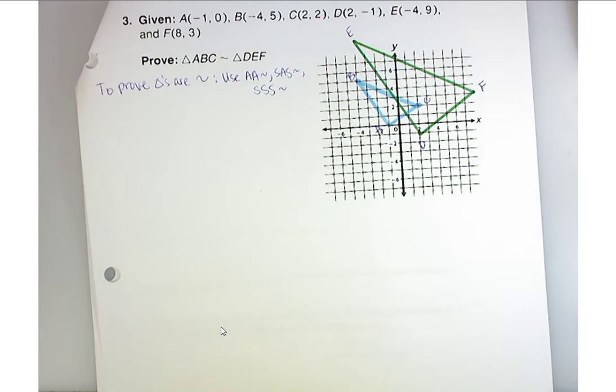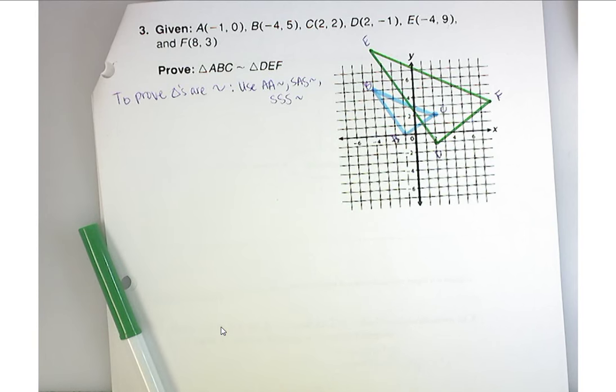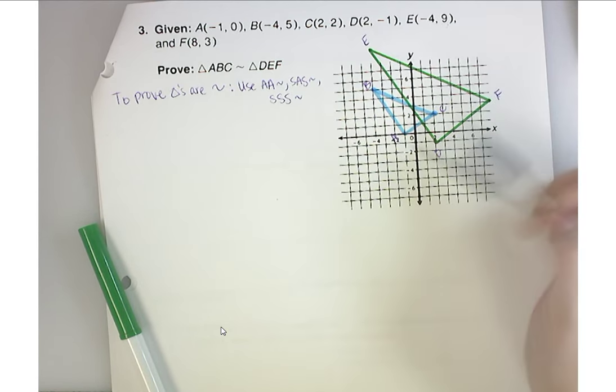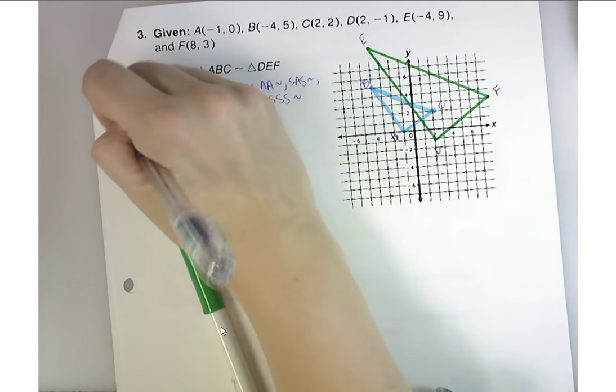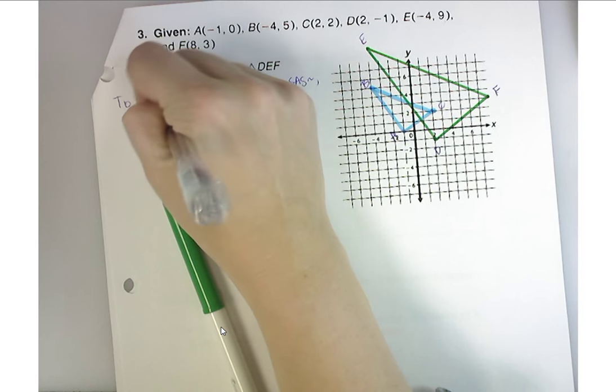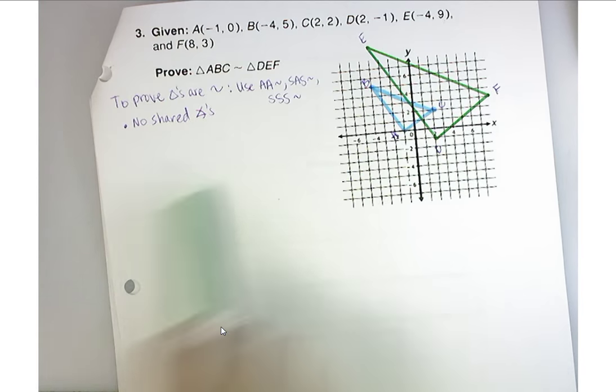Okay, so what we're going to do is just analyze what we have. If we could use angle, we want to look for any angles that are the same. Are there any angles that are shared here that are the exact same? No. Okay, so there's no shared angles. Okay, are there any 90-degree angles?